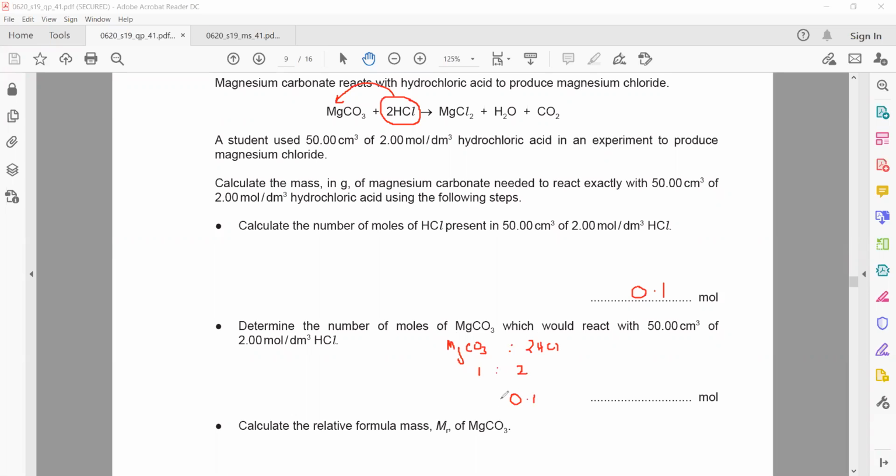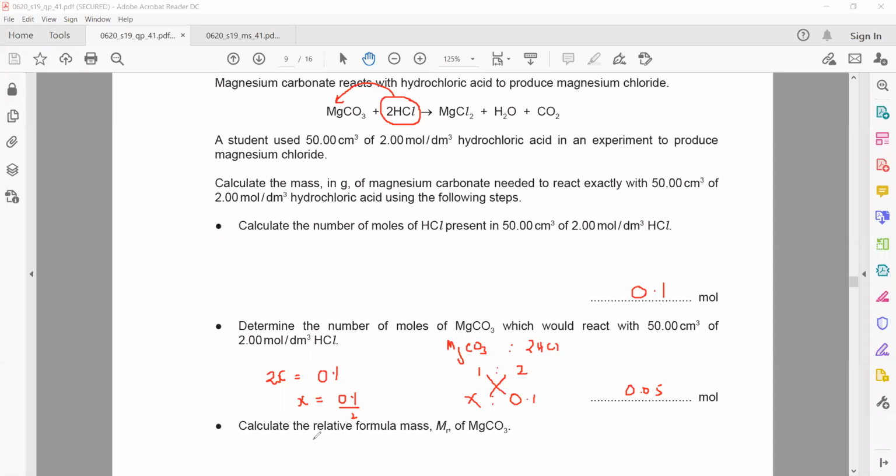If we have 0.1 mole, then x moles of magnesium carbonate will be there. So cross multiply. It means 2x is equal to 0.1, but we need x. So x is equal to 0.1 divided by 2, or half of 0.1. That is equal to 0.05.